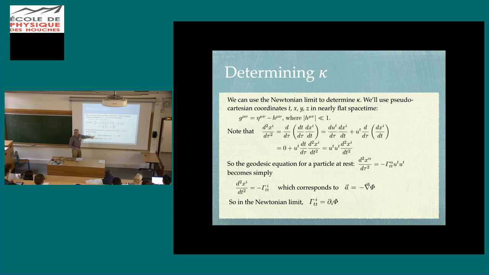Christoffel symbols. And so in Newtonian physics, we would say acceleration is minus the gradient of the potential. And so I'm going to sort of identify those two things. This is the GR equivalent of the gradient of the potential. All right?